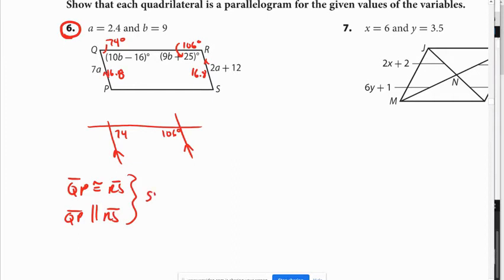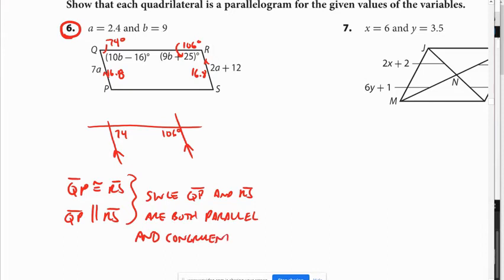And so we can say, since QP and RS are both parallel and congruent, then PQRS is a parallelogram.